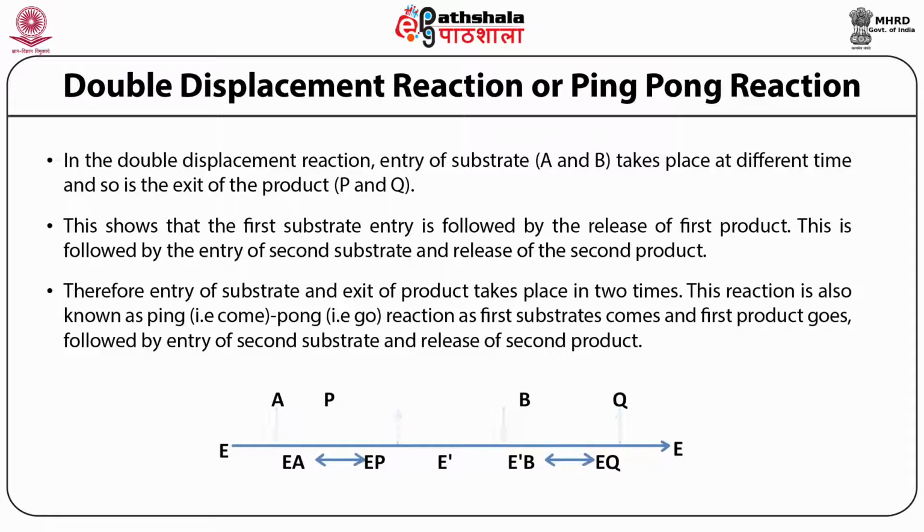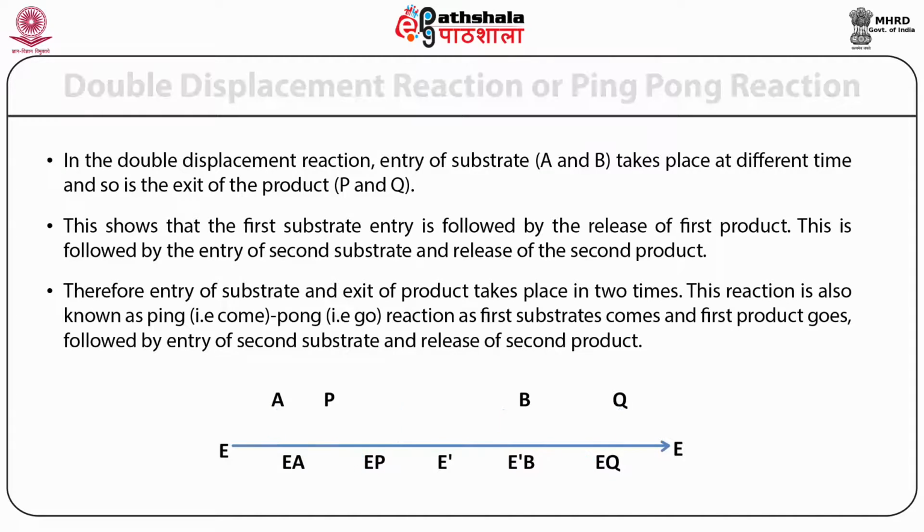Now you can see that the enzyme is modified, that's why it is E prime, and the second substrate B enters and the complex E prime B is formed. The group carried by E prime is transferred to B, and now B becomes Q. So the free enzyme is regenerated and the second product Q is released.